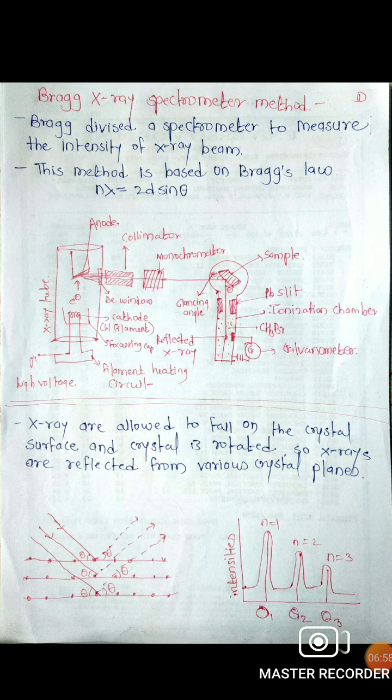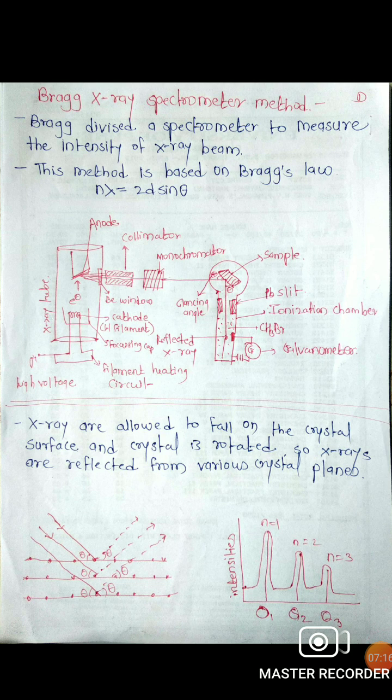There is a PB slit, then an ionization chamber containing methyl bromide, and the galvanometer. These reflected X-ray radiations pass towards the galvanometer and are then recorded.